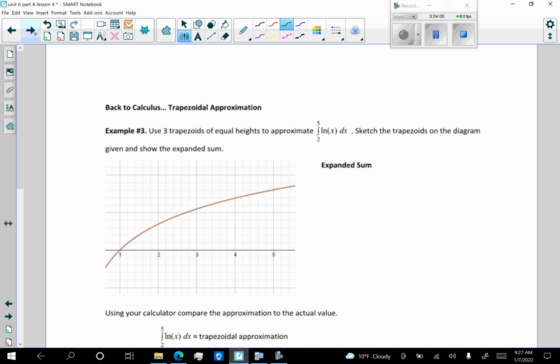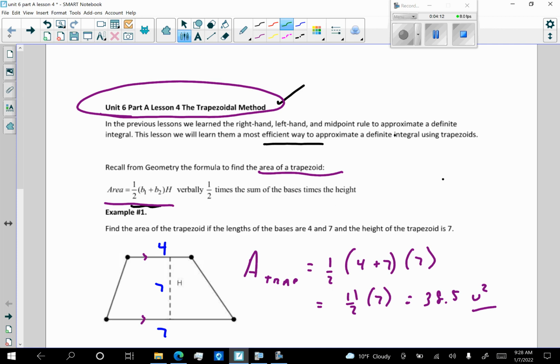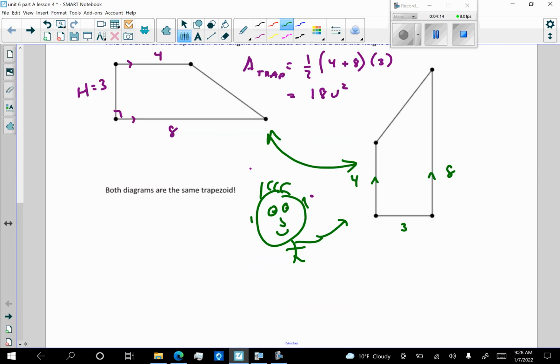All right, let's go to the next page. The next page is back to calculus, trapezoidal approximation. Let's use 3 trapezoids of equal heights. Equal heights. If I go back, what is the height of this trapezoid here? This is the height.